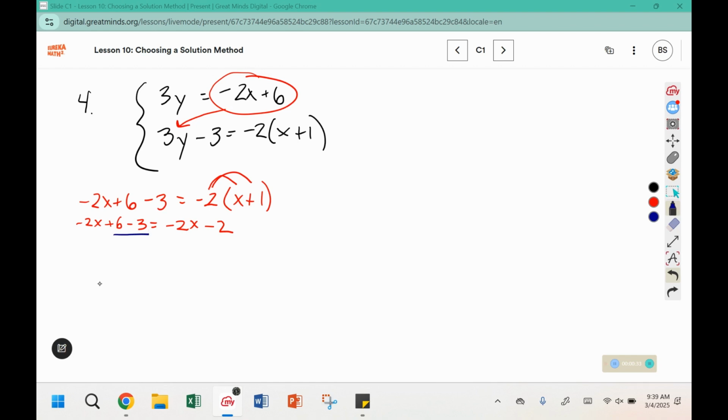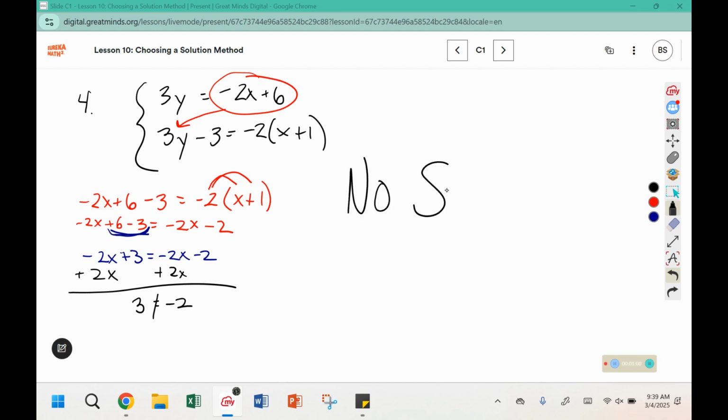We can combine like terms. 6 minus 3 is 3. We can add 2x to both sides. That leaves us with 3 equals negative 2, which is not a true number sentence, so this has no solution.